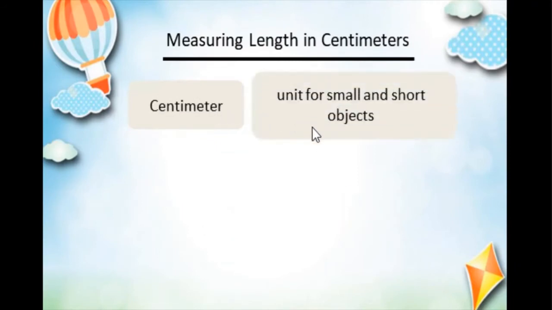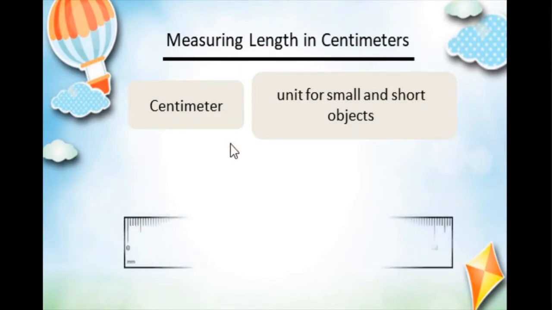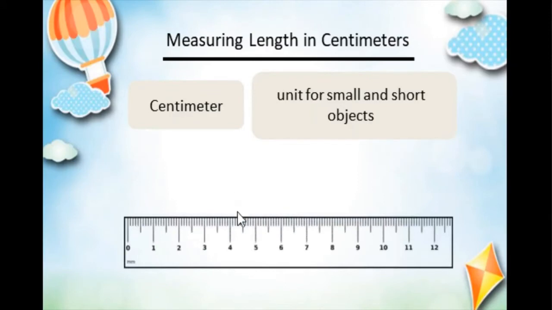We use it when we measure small and short objects like pencil, like books, like notebooks. All those small and short objects can be measured with the use of centimeters. Usually, when you measure objects using centimeter, you are going to use what is this? Okay, you are going to use a ruler, okay?